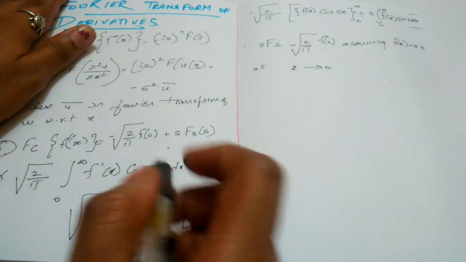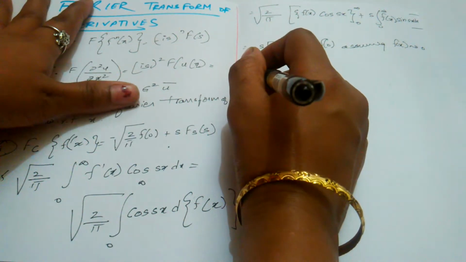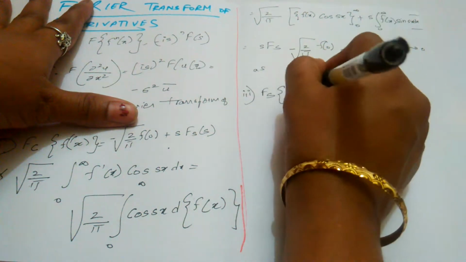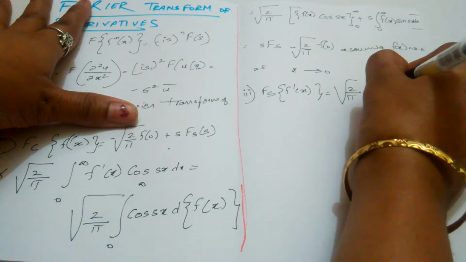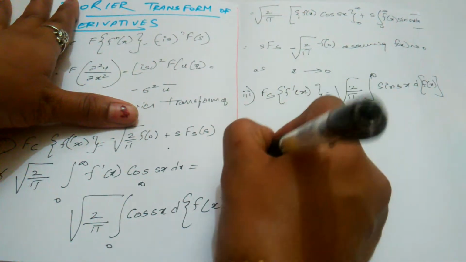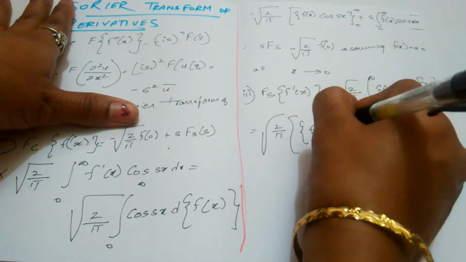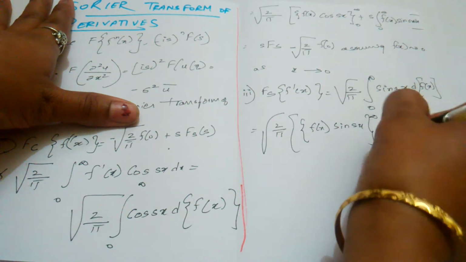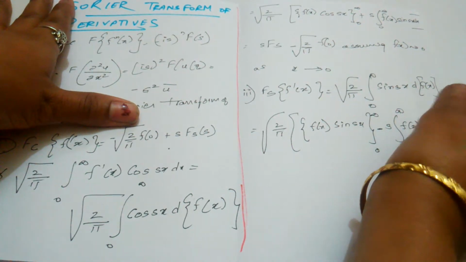Next is equation 3, the third derivative, the Fourier sine transform of f dash of x, which is square root of 2 by pi integral 0 to infinity sine sx d of f of x, which is equal to square root of 2 upon pi, which will give me f of x sine sx from 0 to infinity minus s integral 0 to infinity f of x cos sx dx.